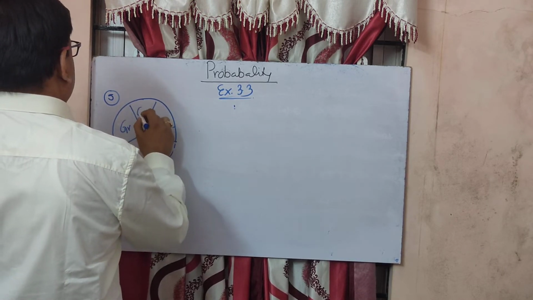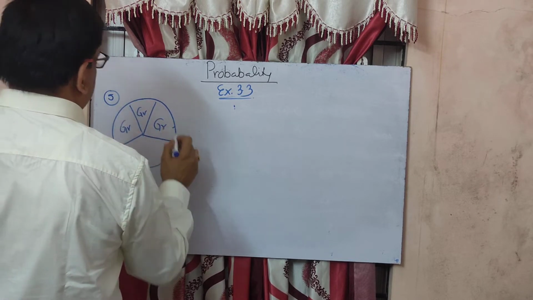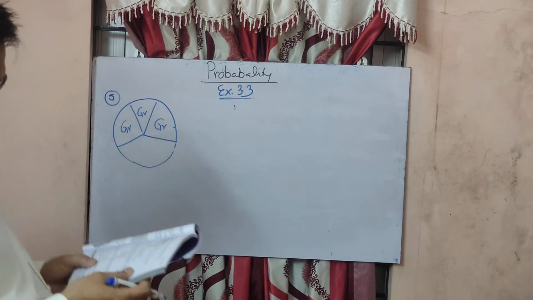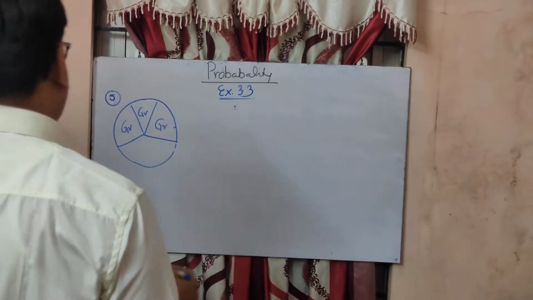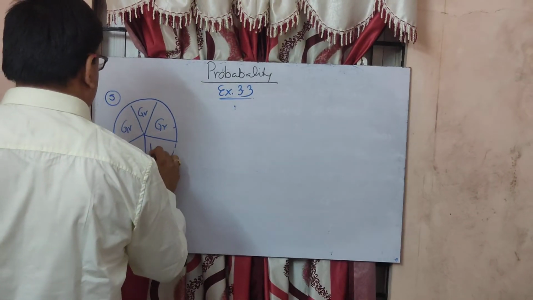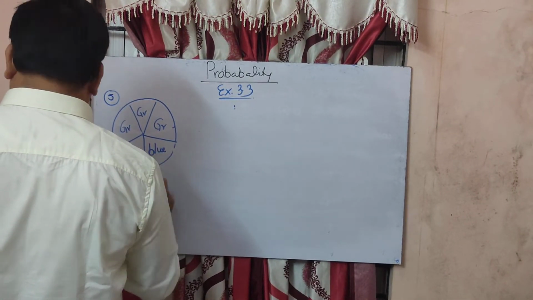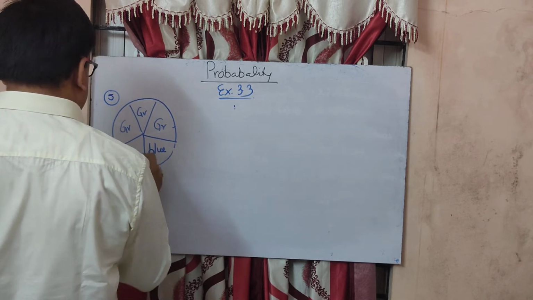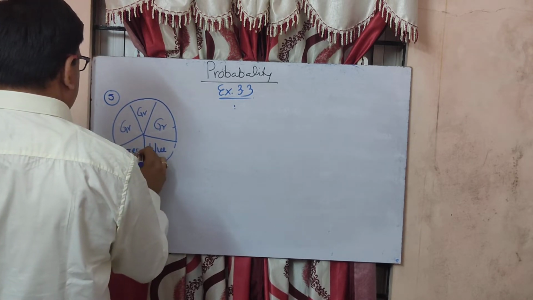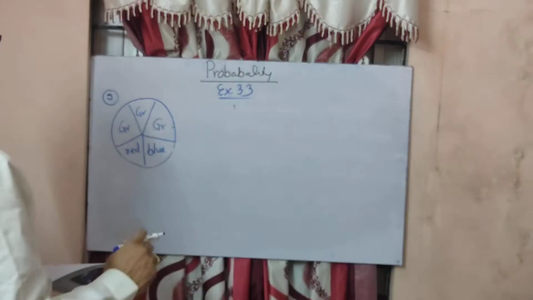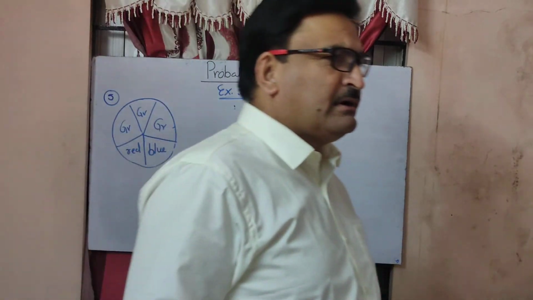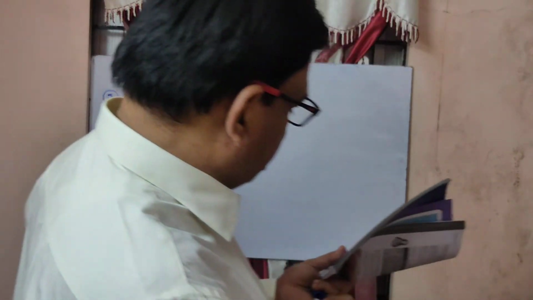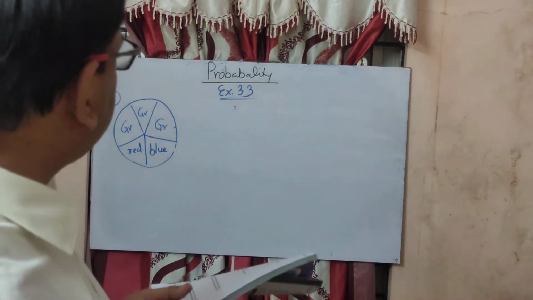Green, green, green. One blue and one is red sector. So there are five colors in it. Out of those, 3 colors are green and one is red and one is blue.